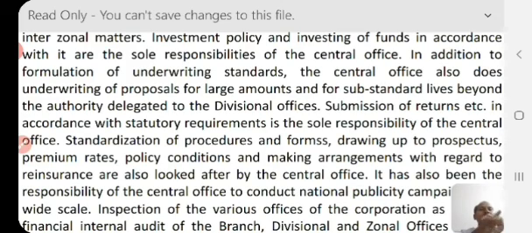So the central office has the responsibility of formulating the procedures, framing the proformas or forms, preparing the prospectus, and premium rates and policy conditions of different kinds of policies.